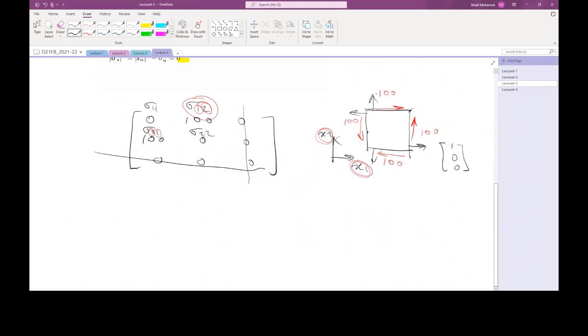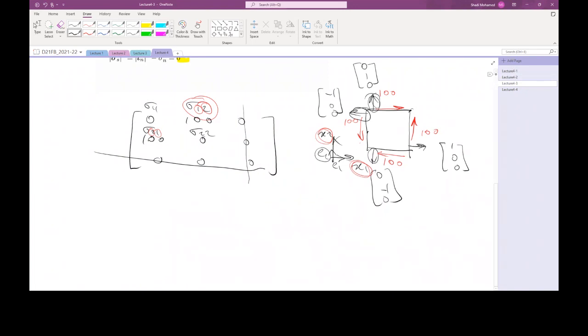The second one, which is this guy here, is going to be 0, 1, 0, because this guy here is parallel to the x2. This is E2 simply. If you look into this one here, it is negative E1. So it is basically -1, 0, 0. And if you look into the last one here, this is negative E2. So it is going to be 0, -1, 0.